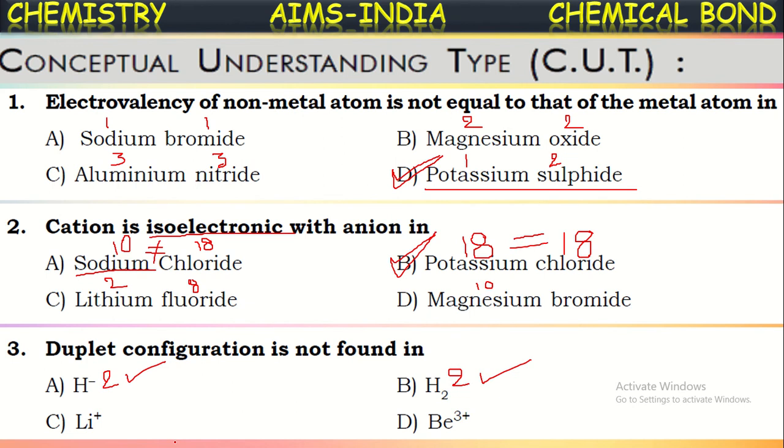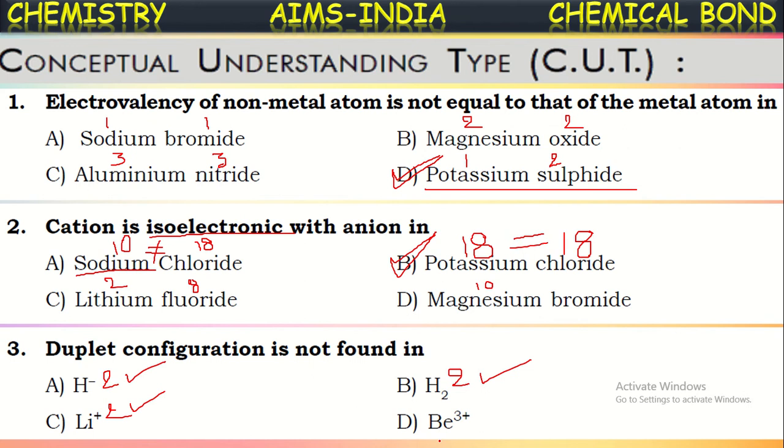And lithium, the atomic number of lithium is 3 and it is shown here as Li plus, which means it lost 1 electron. By the loss of 1 electron, it remained with 2 electrons, which is called duplet configuration. And we see beryllium, atomic number of beryllium is 4 and it is shown here with a plus 3 symbol, which means it lost 3 electrons.